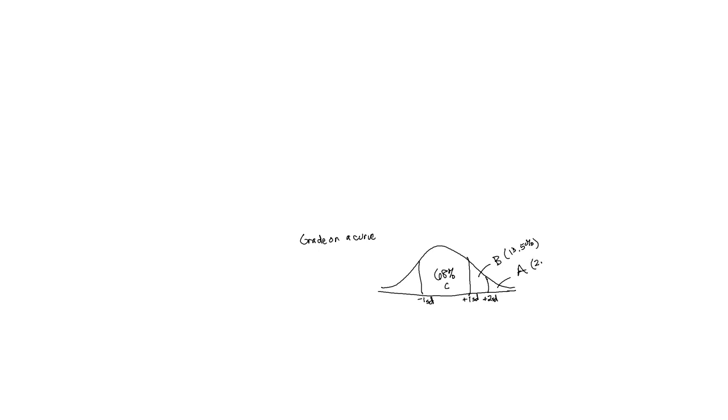So that's not very much. And if you go this way, minus 2 standard deviations, that's the D's, would be 13.5% of the class. And then the F's would be 2.5%. So that's from the empirical rule.